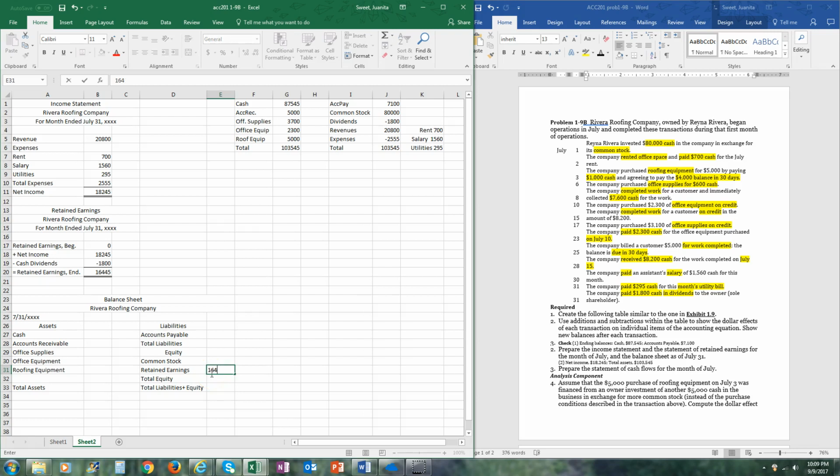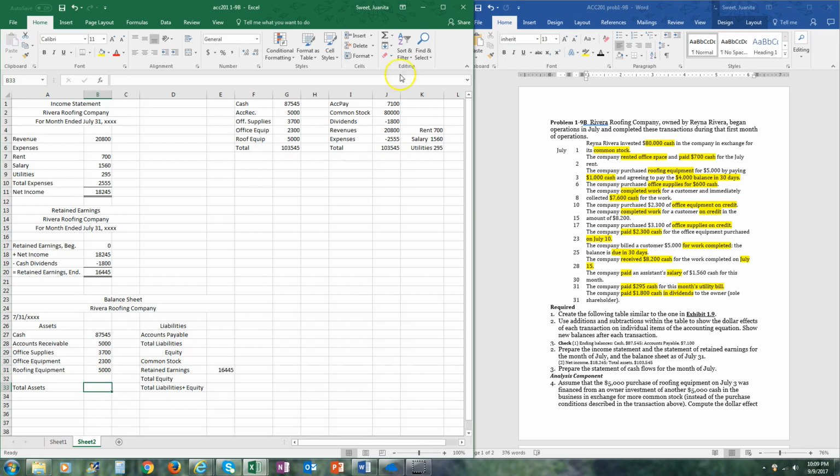So we always have to do the statements in that order. You need to do the income statement because net income flows down to retained earnings, and the retained earnings flows to the balance sheet. On the balance sheet, our cash total $87,545, accounts receivable $5,000. We have office supplies, our office equipment, and our roofing equipment.